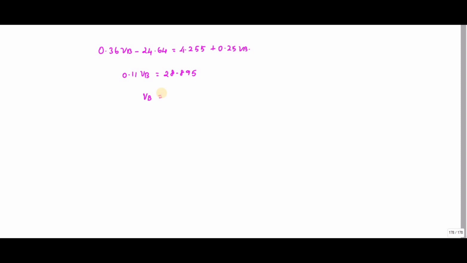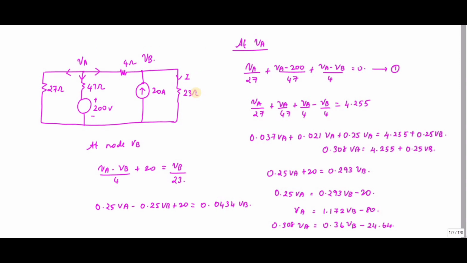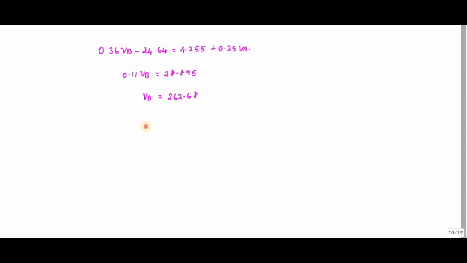VB is 262.68. If VB is 262.68, what is my I? I is equal to 262.68 divided by 23, that is nothing but 11.4.